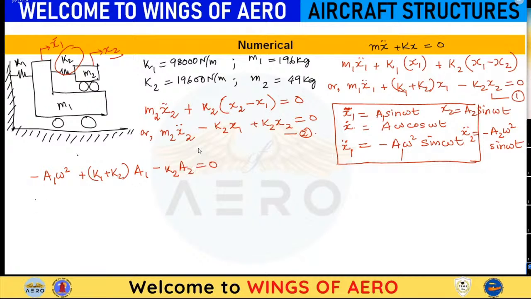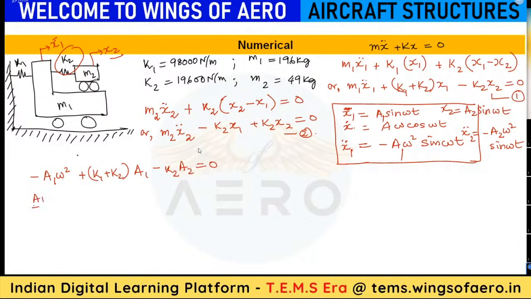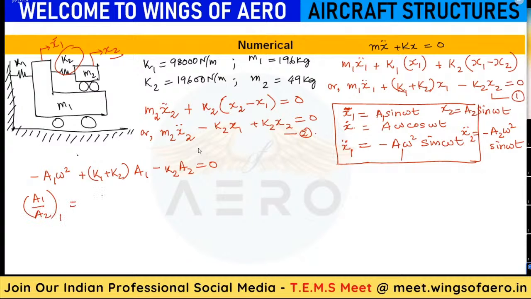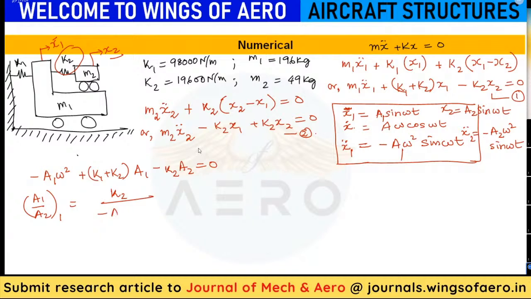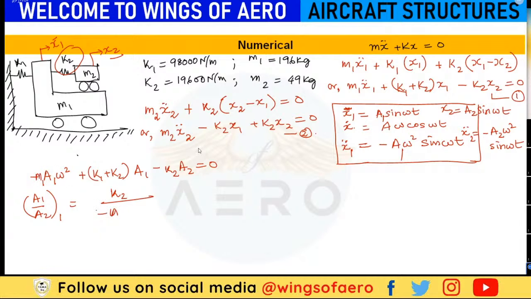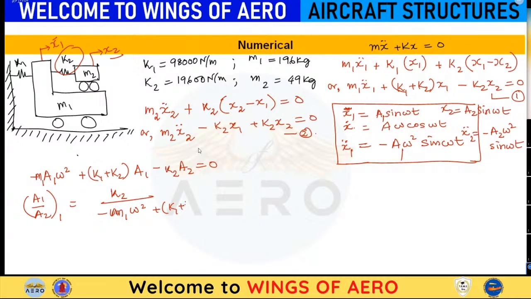Now if I want to make a ratio between a1 by a2 for mass 1, I will get k2 by minus m1 omega square plus k1 plus k2.